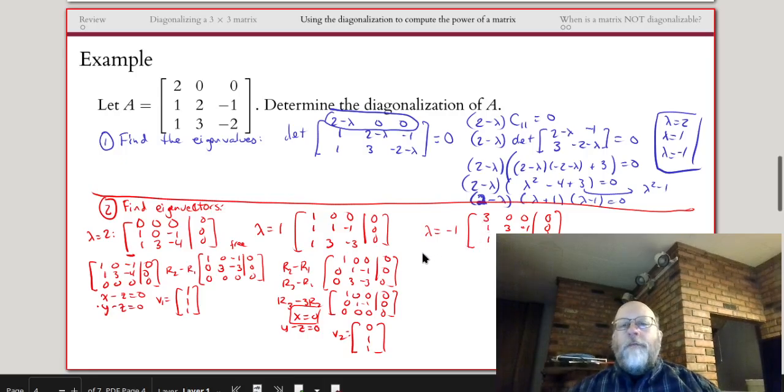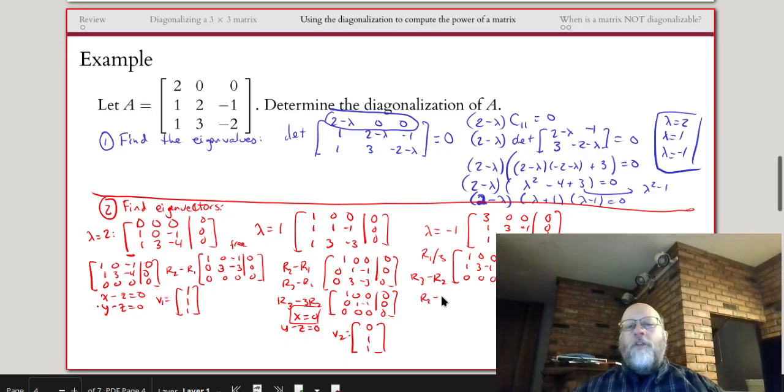Take the top row and divide it by 3. So that gives us 1, 0, 0, 0. 1, 3, negative 1, 0. And I'm going to go ahead and take row 3 minus row 2 and make this all zeros.